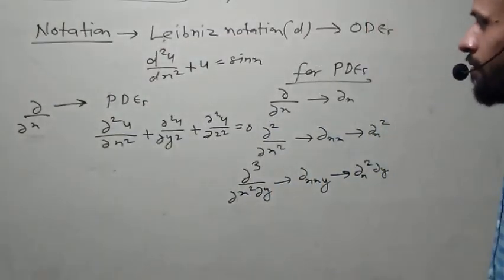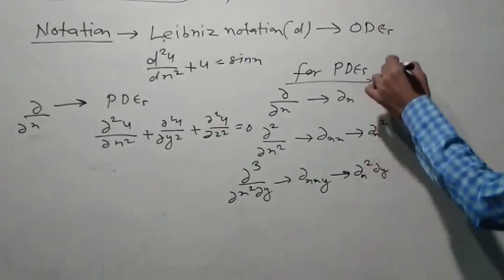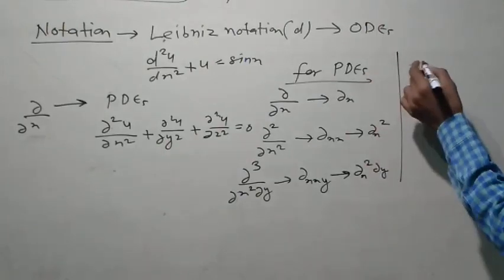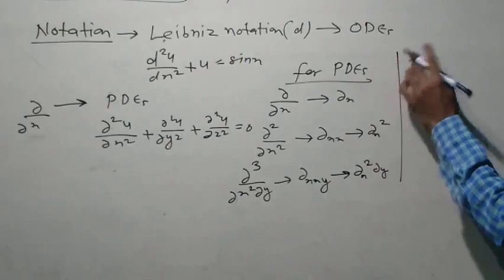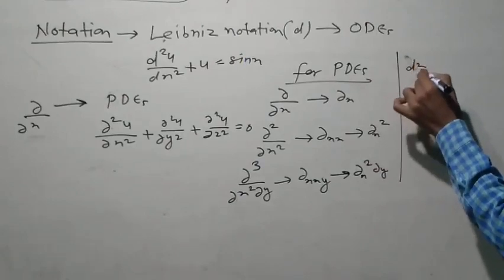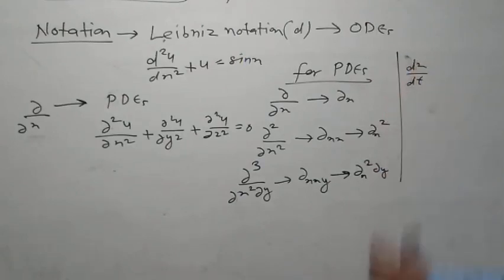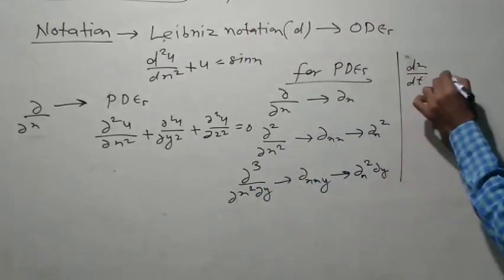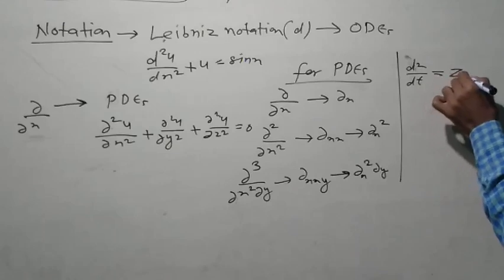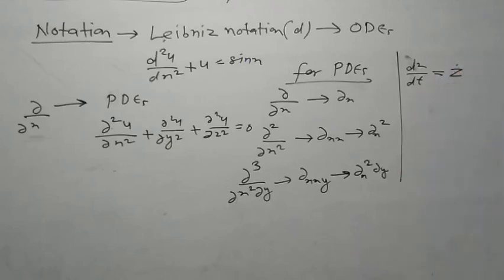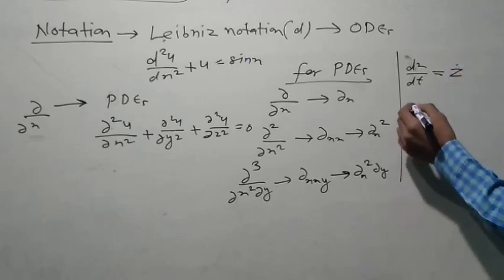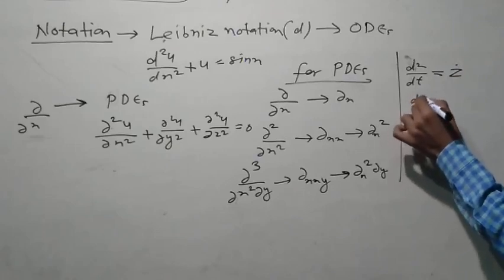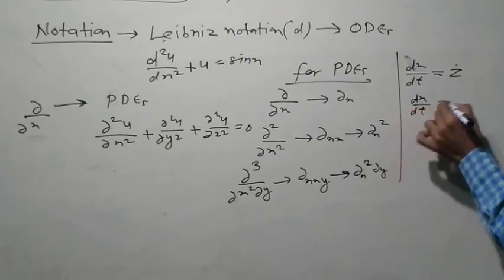Okay. What is the more notation? If we have to write dz by dt, differentiation of z with respect to time, then we write this differentiation as z dot. Like velocity, dx by dt is written as x dot.